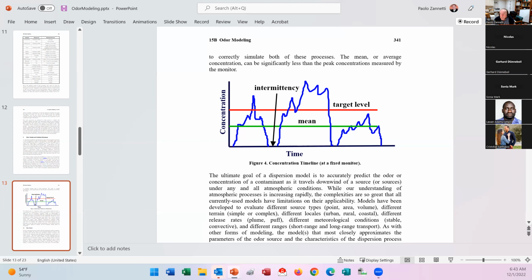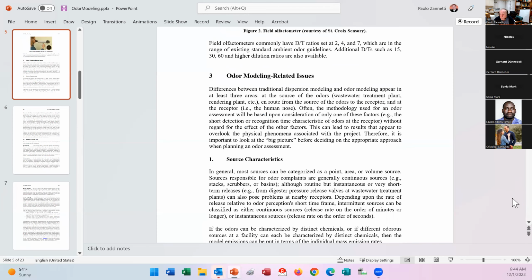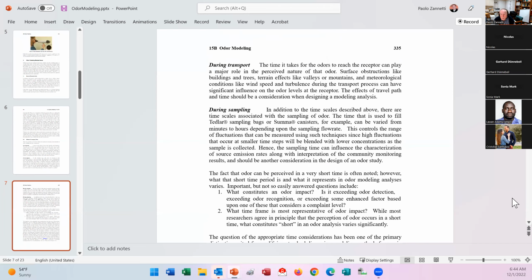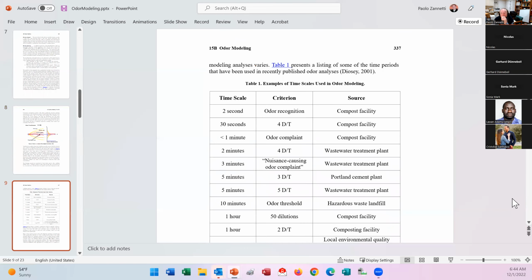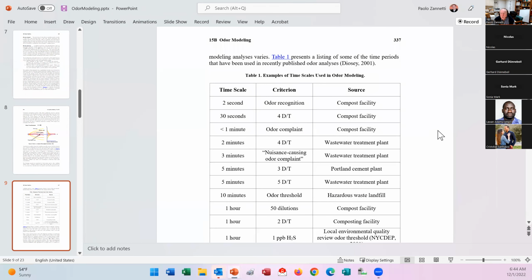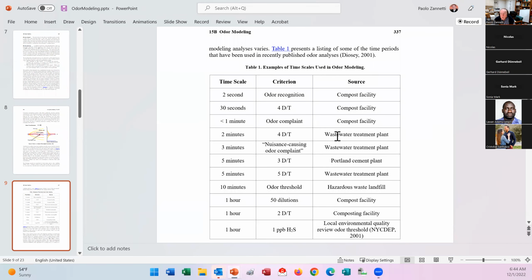Let me see if there is any other issue that I need to underline. This is a list of sources of odor: composting facility, wastewater treatment plant. I visited once a wastewater treatment plant in Washington State. I almost fainted.